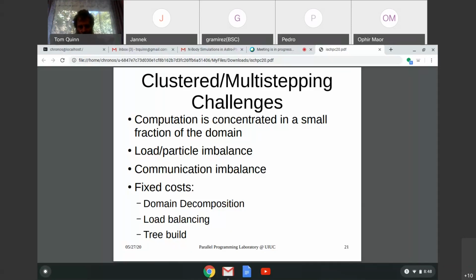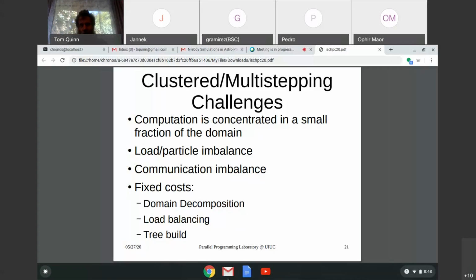You want to distribute the computation across the domain, but that means you would have to distribute that very central region across many processors, which causes both a memory imbalance, but also if you distribute it across many processors, you have a large amount of communication. So that's a difficulty.